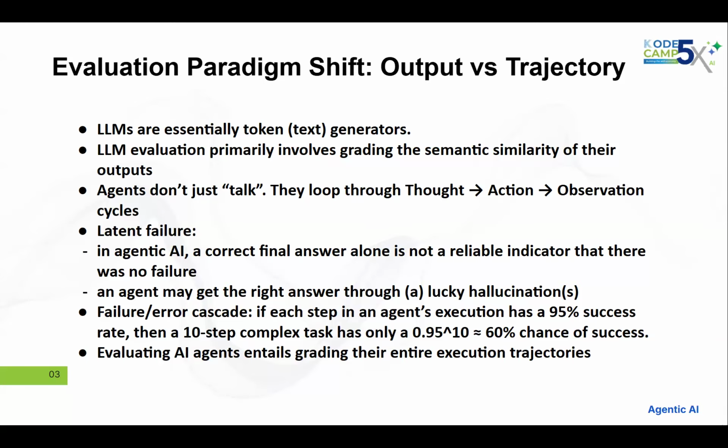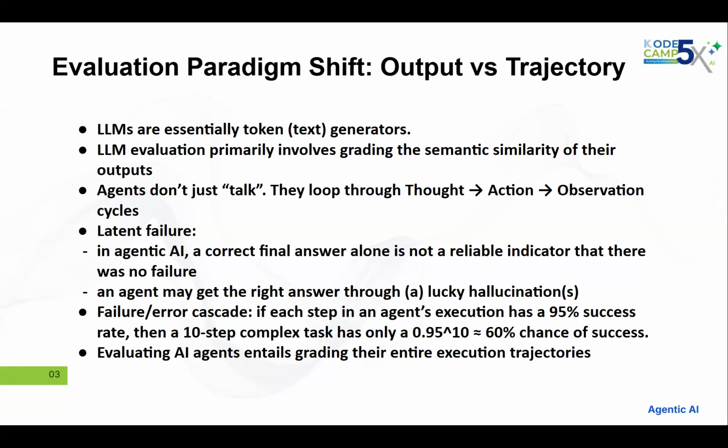But if you have the correct answer at the end and your steps were incorrect, you're not going to get any mark, because that's essentially hallucination. This is why it's important to evaluate the agents across the different steps in its execution cycle.